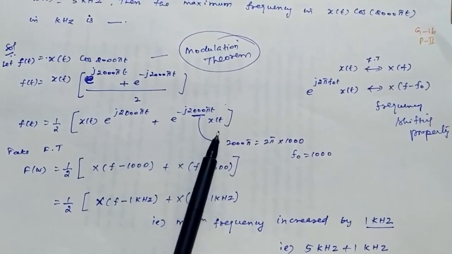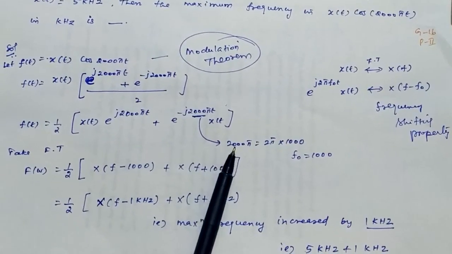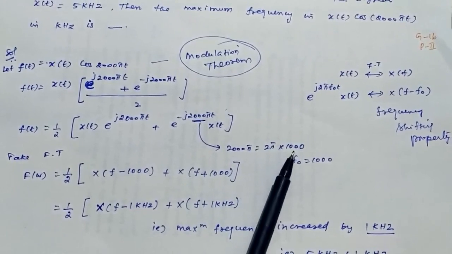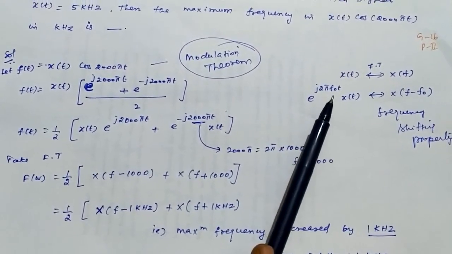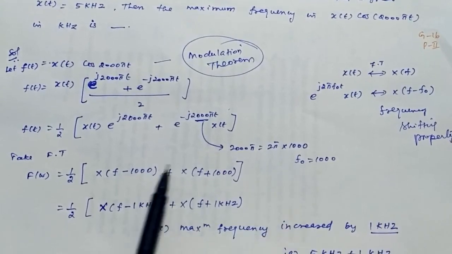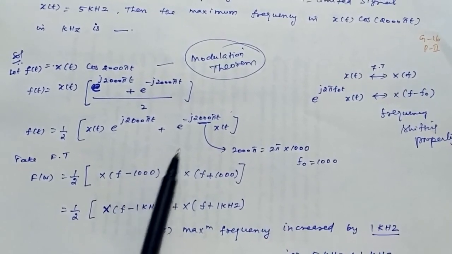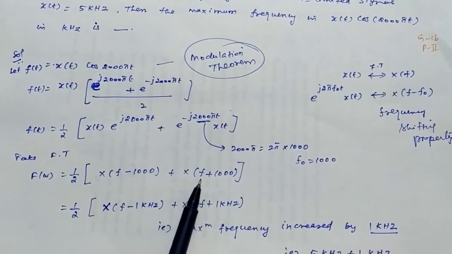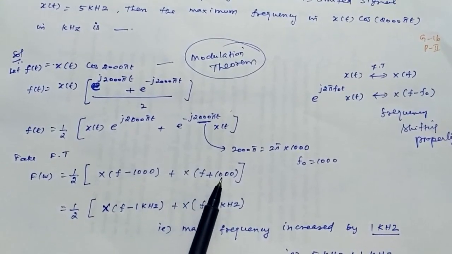Here, in the standard formula, 2000 pi can be 2 pi into 1000, so 2 pi f naught with f naught value 1000. Similarly, for the other term the Fourier transform is X of f plus 1000.